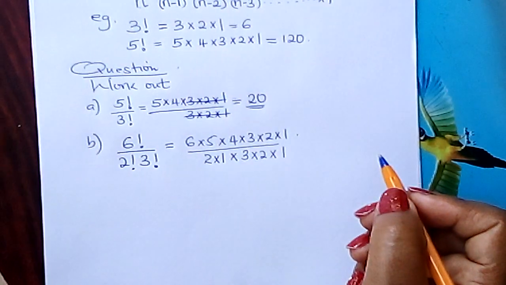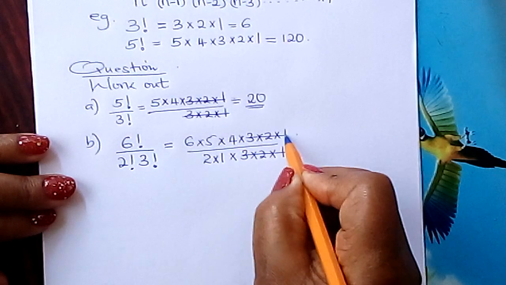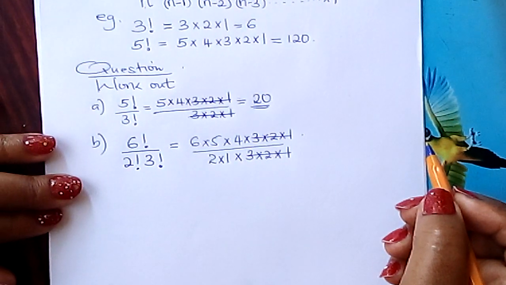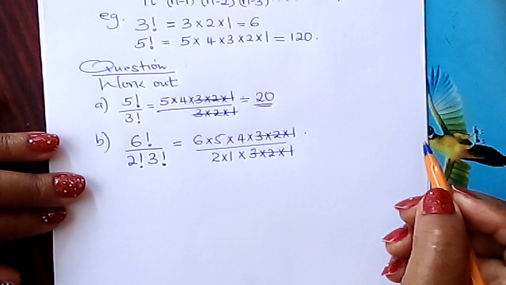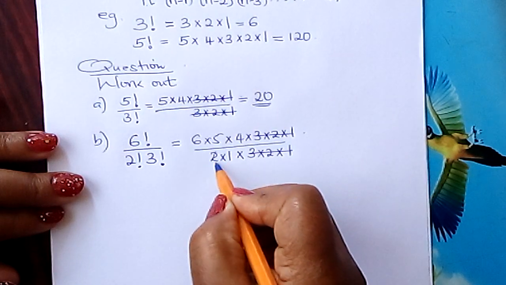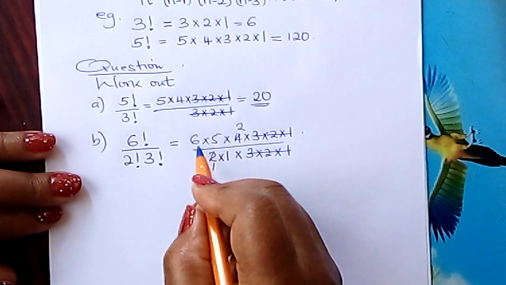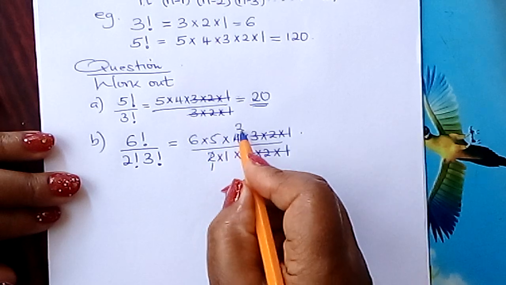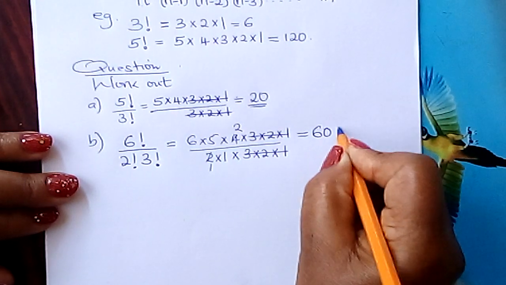Look at that. Then 3 factorial will cancel out in the numerator and the denominator. Then you multiply this. This is 30 times 2, which gives you 60.